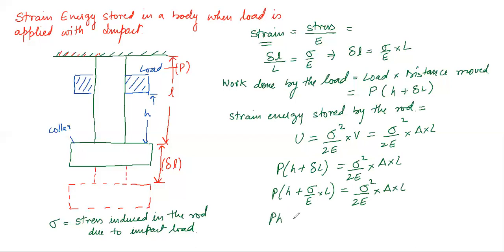We can write P into H plus P into sigma by E into L, which is also defined as sigma square by 2E into A into L, right? Now moving to the next slide, we'll elaborate this equation in a simplified way.